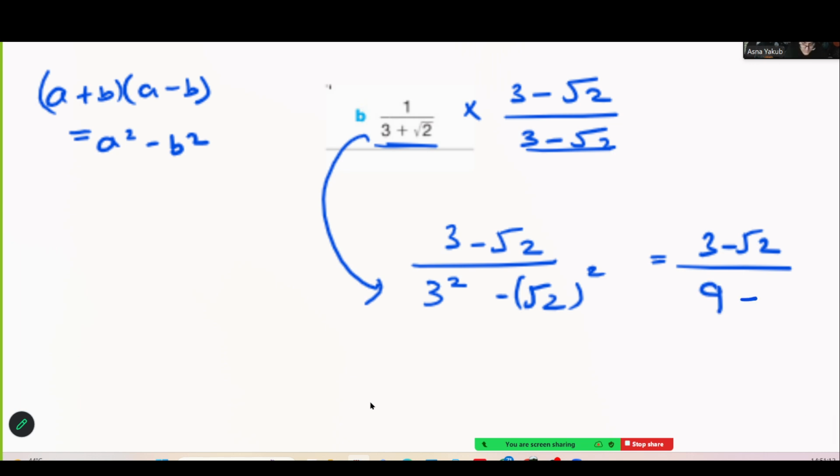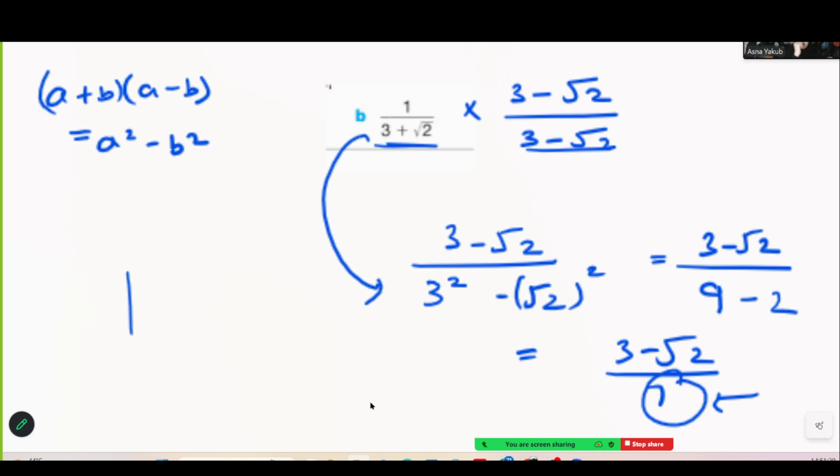Yes, 9. 9 minus, square root 2 square is 2. Yes. So 9 minus 2 is 7. So this is our final answer. You can see in the denominator, now we have a number without square root. This is called rationalizing.